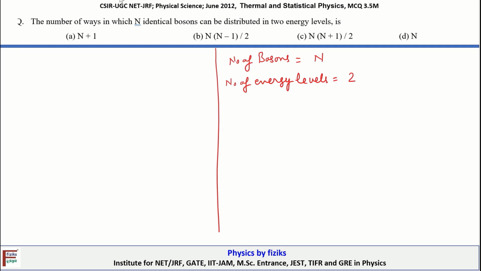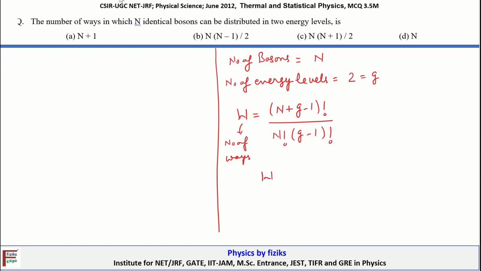The general formula for the distribution of bosons into various energy levels, which gives the thermodynamic probability or the number of ways, is W equal to (n plus g minus 1) factorial divided by n factorial into (g minus 1) factorial. Here n is equal to n and g is equal to 2.